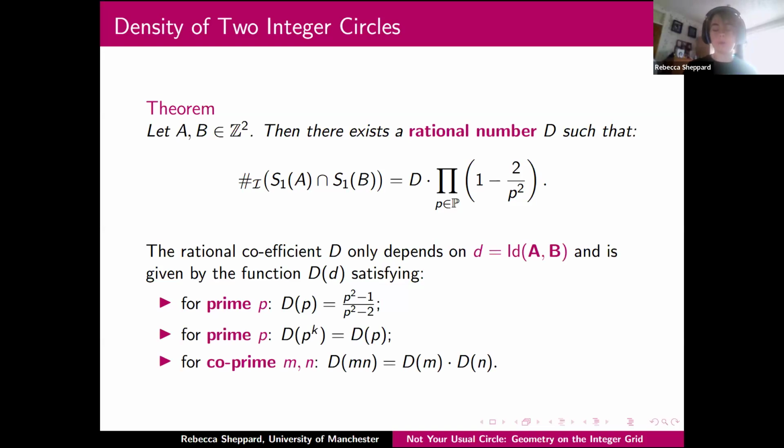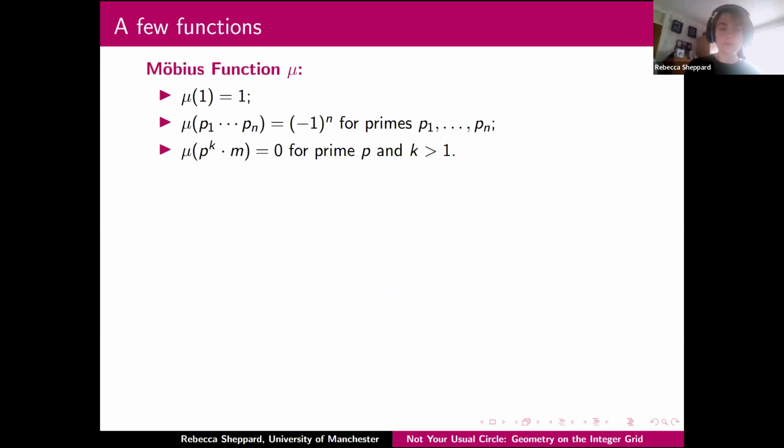This is a property known as being multiplicative. And knowing how a function behaves on powers of primes and on multiplicative numbers, we know how it behaves on positive integers. So here's the Mobius function mu.